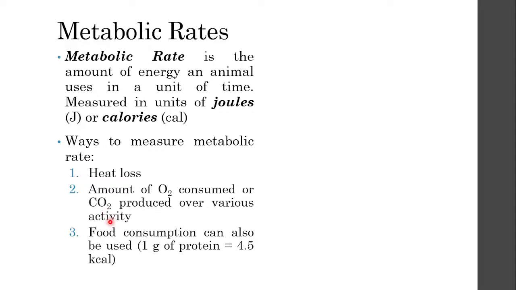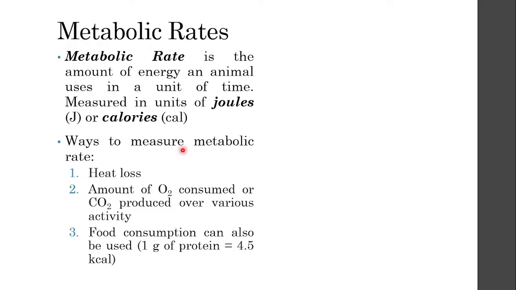And lastly, we can also use food consumption. We can measure how much food we take in over a long period of time. For example, a gram of protein is equivalent to 4.5 kilocalories. So if you measure every single thing that you have eaten over a long period of time, you can use that as well to measure your metabolic rate.